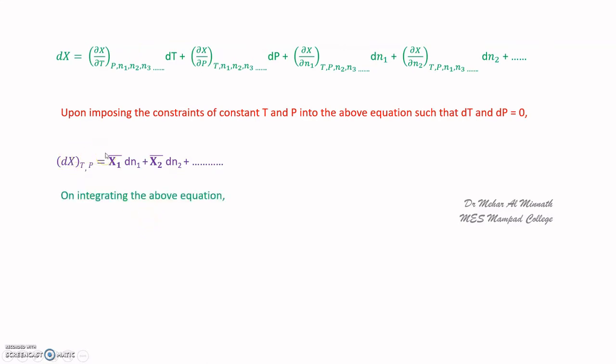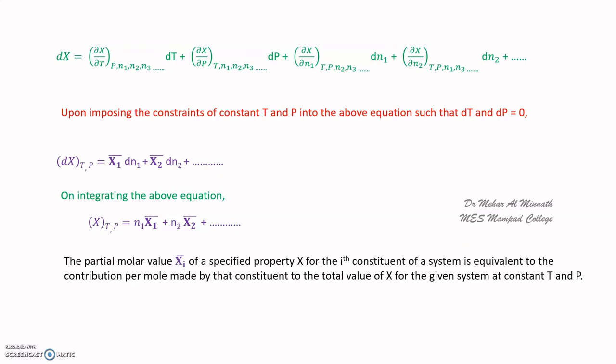Now on integrating this equation, we can write it as X at constant temperature and pressure is equal to n1 X1 bar plus n2 X2 bar, where n1, n2, etc. are the number of moles of component 1, 2, etc. Alright, and X1 bar, X2 bar are the extensive property, whichever extensive property you are considering, for the respective component. So if you are considering Gibbs free energy, then it will be G at T, P equal to n1 G1 bar plus n2 G2 bar, etc.